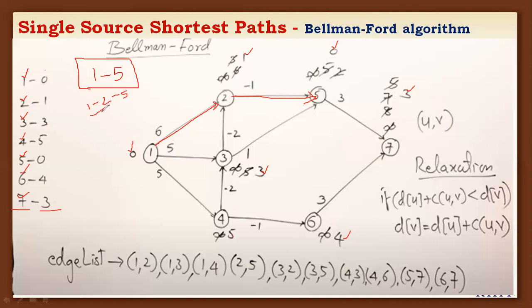And the distance from 2 to 5 is minus 1. So the total distance is 1 minus 1, which is equal to 0. The total distance from vertex 1 to vertex 5 is 0.